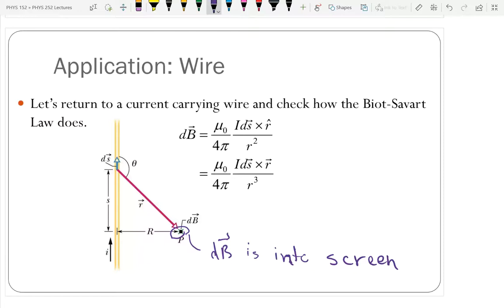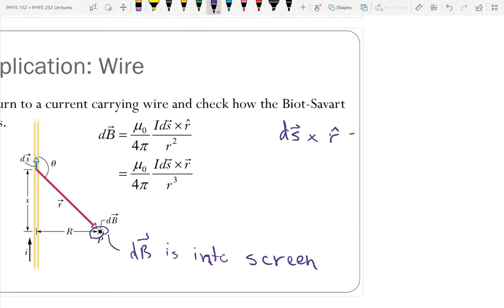So once we've determined the direction, then we need to find the magnitude of dB. So find the magnitude. What's the magnitude of ds cross r hat? This is very straightforward. It's not hard like I tried to make it when I was doing it before class.